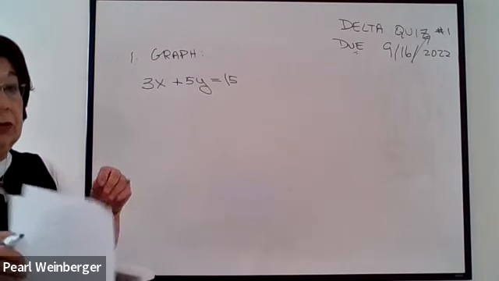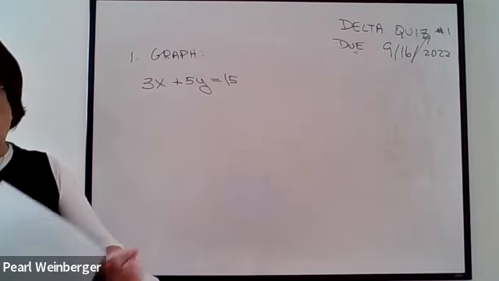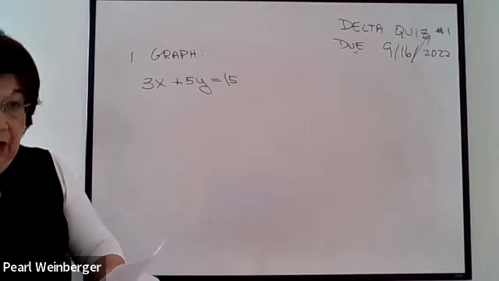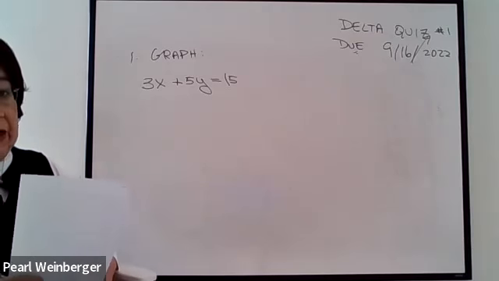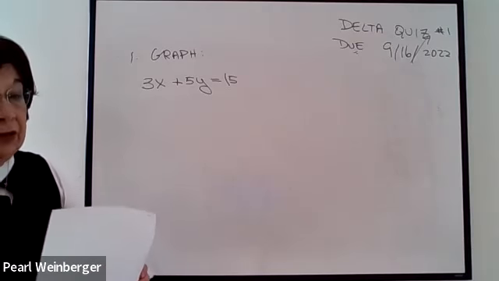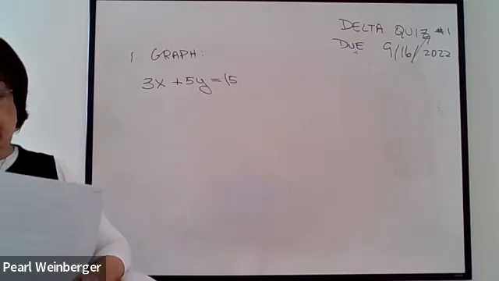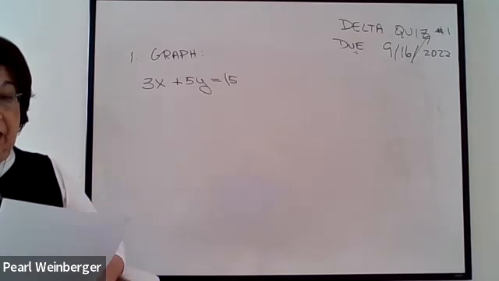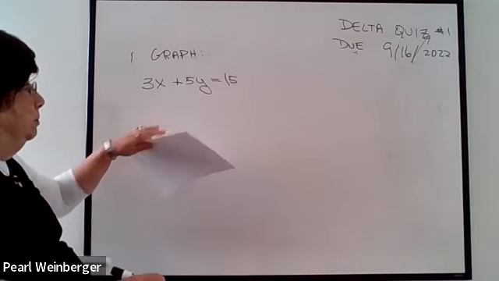So make sure you're doing this when you have the time that you can sit and spend the time necessary to finish the whole quiz. It should not take you 45 minutes. It's 10 questions of the type that you've seen before on Delta Math and that we reviewed last week. Okay, so let's work on this problem.